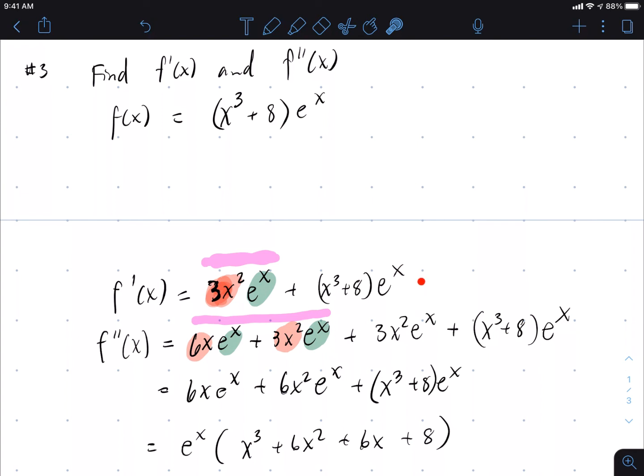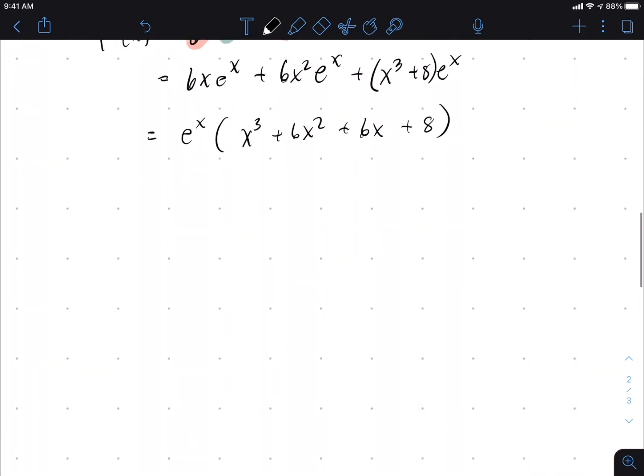Yeah, it would have factored it out, which maybe would have made it cleaner, but I typically just leave it that way. You could have factored out e to the x. It's not that big a deal. All right, sounds good. It's probably better math, but sometimes we're lazy, right?